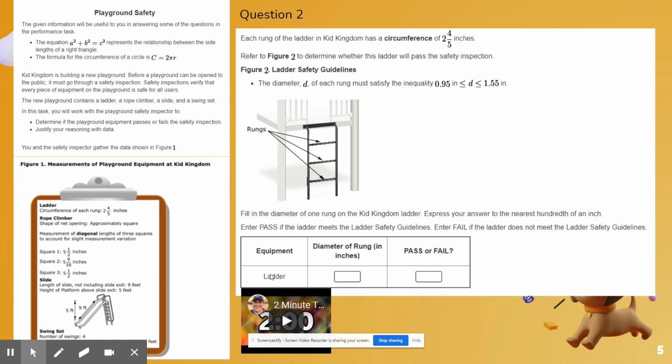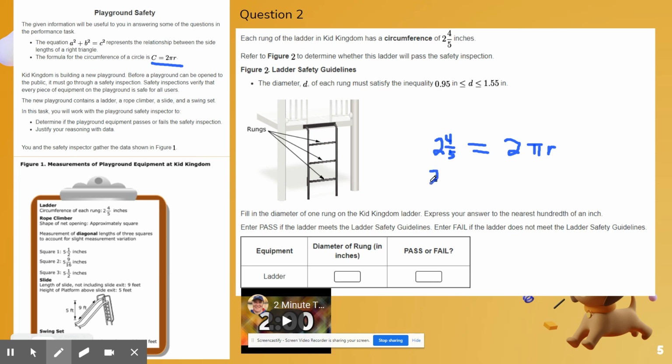So this is the circumference. It's giving you the circumference formula here. 2 4/5 is equal to 2 times pi times the radius. And you're going to do the same thing. We're going to convert this to decimals because it'll make it easier.